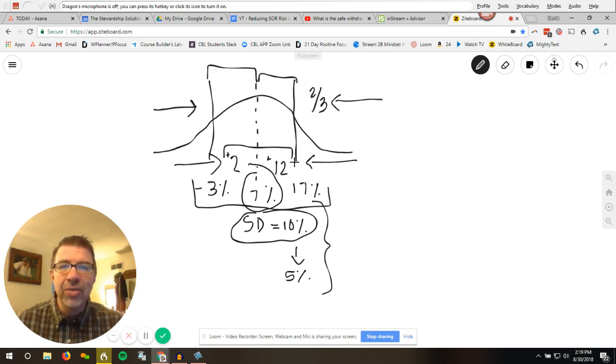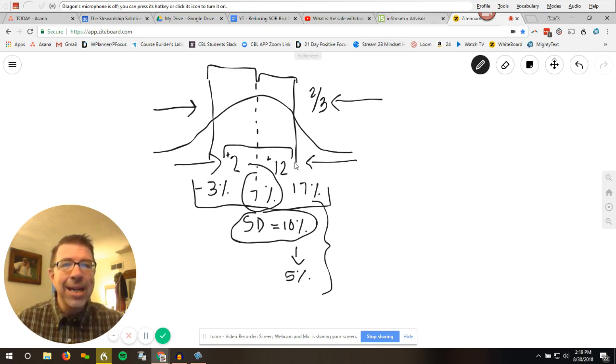If you look at the very first video we did on sequence of return risk, you'll see that the range of returns used in the example was very extreme: negative 37%, positive 20%. Those were the actual returns of the S&P 500 over a particular period of time, and the standard deviation of the S&P 500 is actually greater than 10.